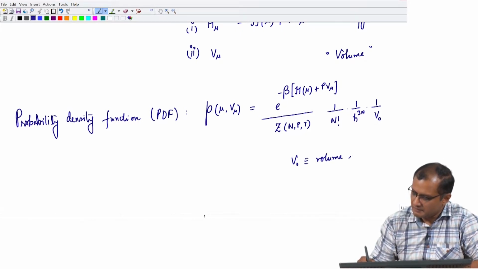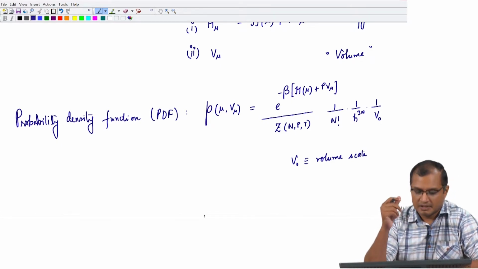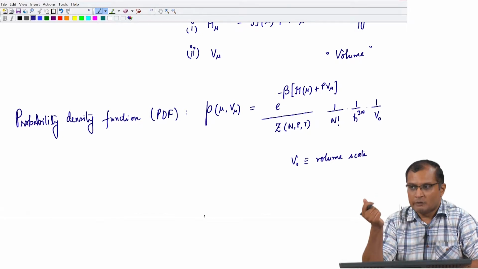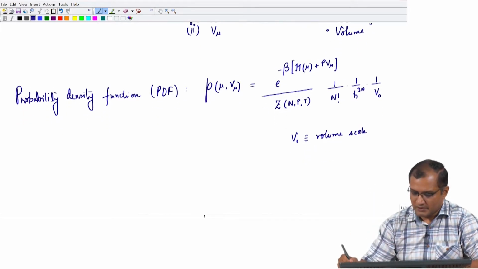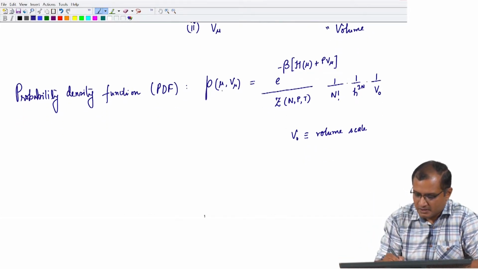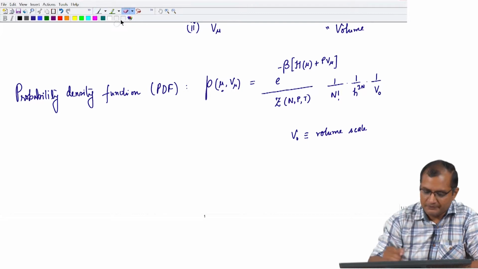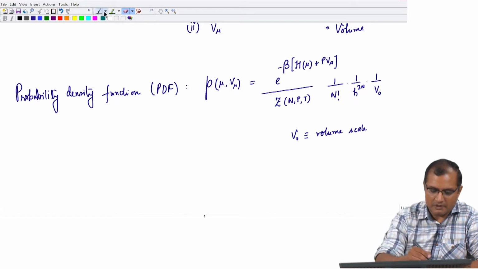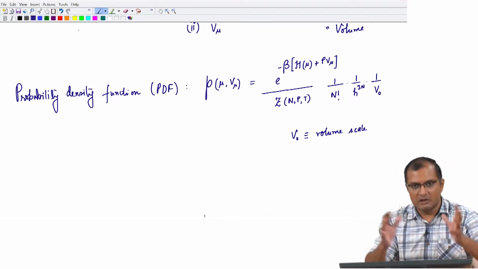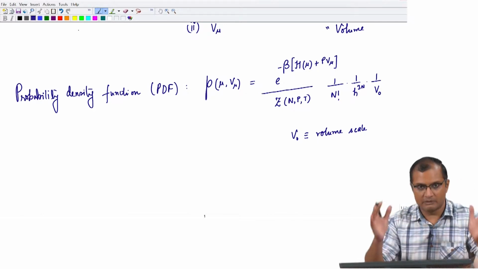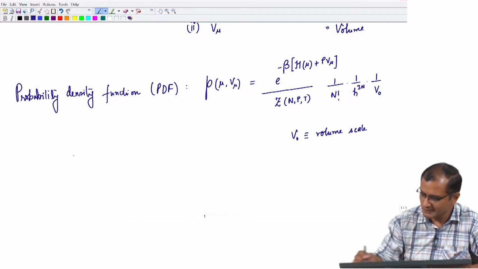and this is because my phase space now has the additional degree of freedom, which is the volume of a microstate. Okay. So, as you can see, my phase space is not just composed of particle coordinates and momenta. The phase space now involves information of the volume of the microstate also, the physical volume of the box. Okay.